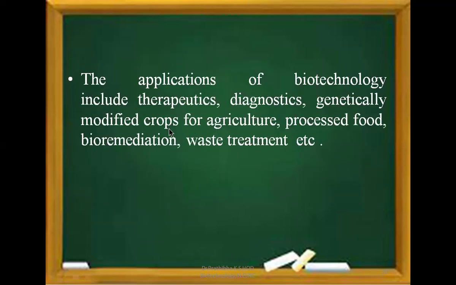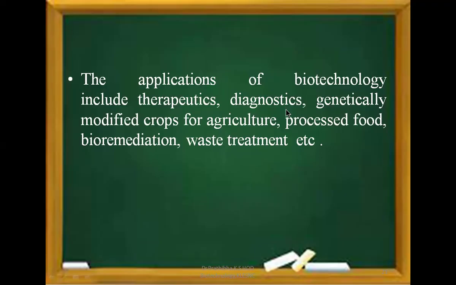The applications of biotechnology include therapeutics, diagnostics, genetically modified crops for agriculture, processed food, bioremediation, and waste treatment. So all these are applications of modern biotechnology. You must keep in mind, if anybody asks what the applications of biotechnology are, you can say therapeutics or medicine, pharmaceuticals, then diagnostics.